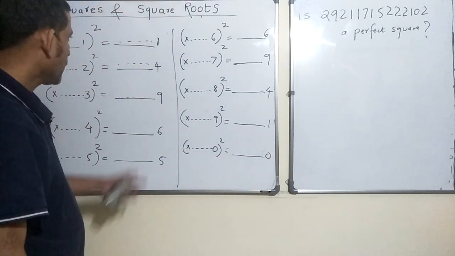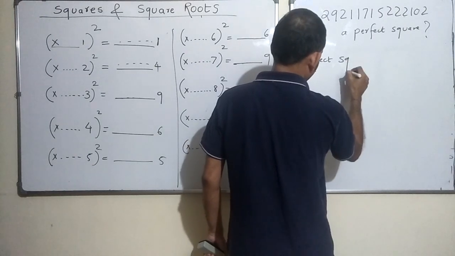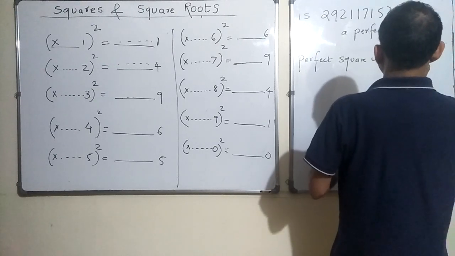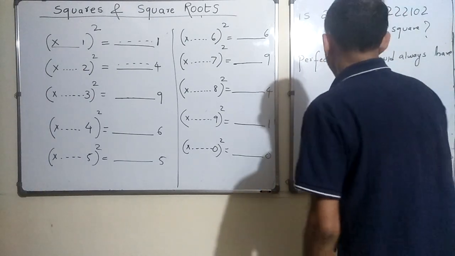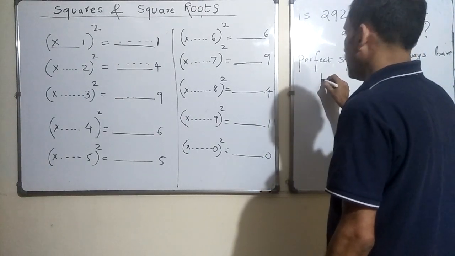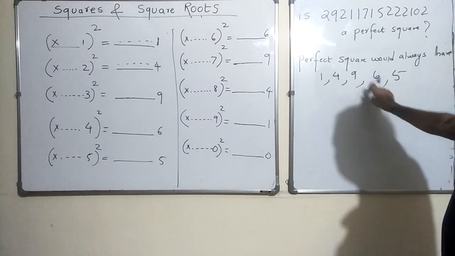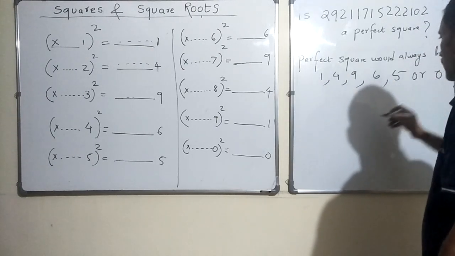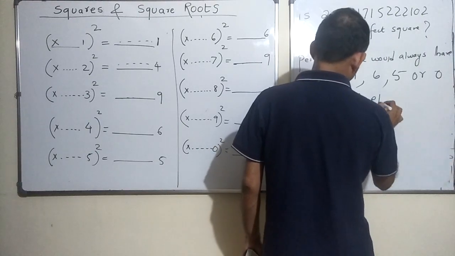So now if you see, a perfect square would always have 1 or 4 or 9 or 6 or 5, 6 I have taken already, 9 I have taken already, 4 I have already taken, 1 I have already taken, or 0 in its units place.